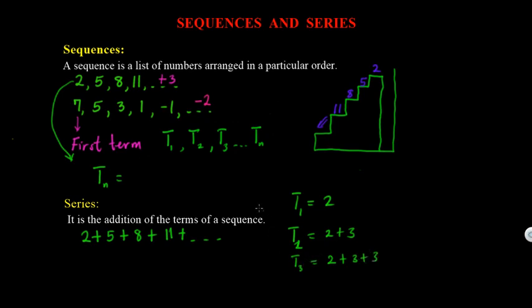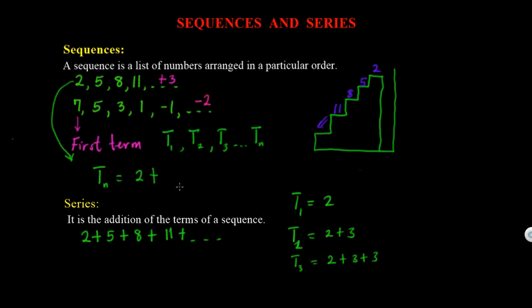If we realize this, we can then say this is gotten by saying, okay, 2 plus, when the term is the second term, we add just one 3. When the third term, we add just two 3s. If it is the fourth term, we add three copies of 3.